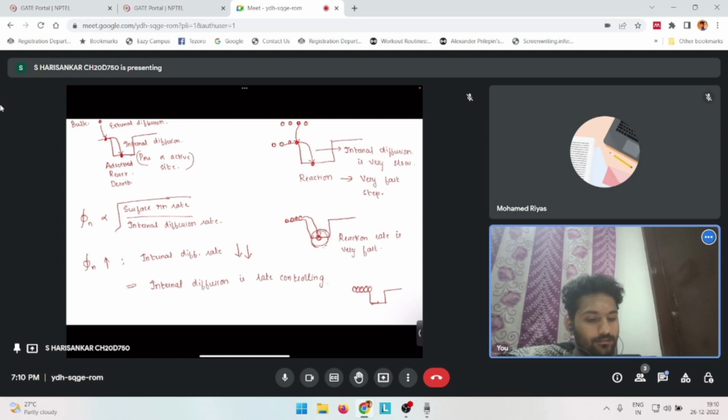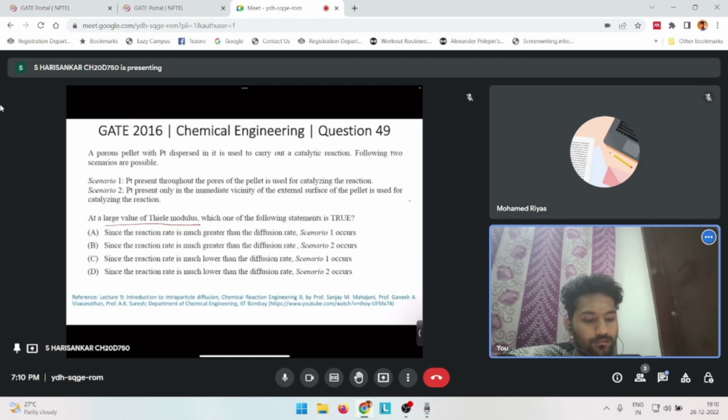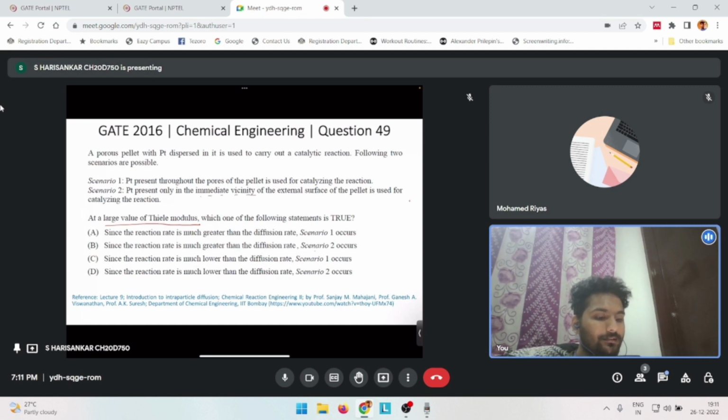So this is basically equivalent to scenario 2, where the platinum is present only in the immediate vicinity. This immediate vicinity is basically the catalyst surface just outside the active site.